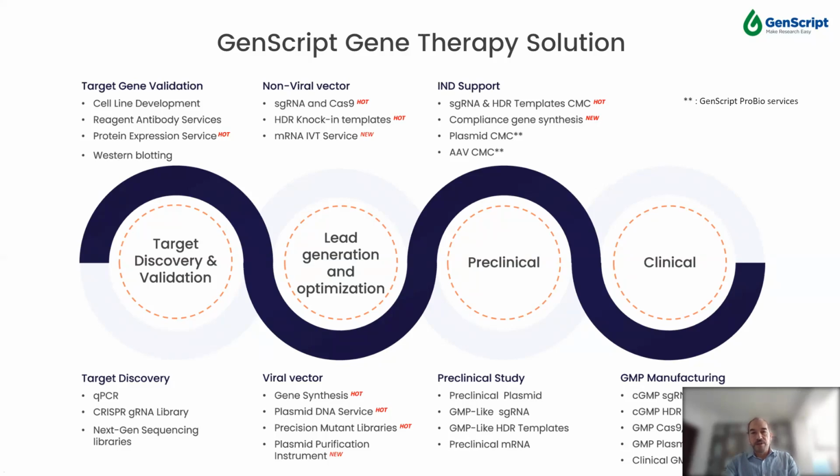Target discovery, target validation, viral vector lead generation and optimization, non-viral vector lead generation and optimization, preclinical studies, IND. We provide IND support and also help with IND filing. We also provide GMP manufacturing for clinical trials as well as drug manufacturing.